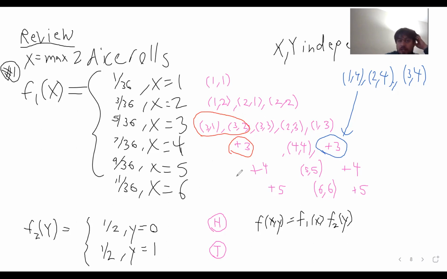You can say it out loud or write in the chat, either one. So it'd be, no, it's 4, right? Here, the maximum is 4. Yeah, does that make sense? Those are the 3 ways where the first coordinate is the larger one, and the +3 on the right is the 3 ways the second coordinate is larger.